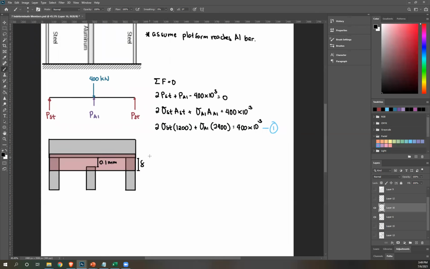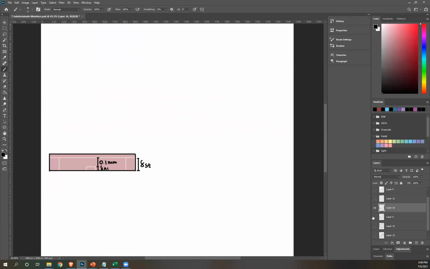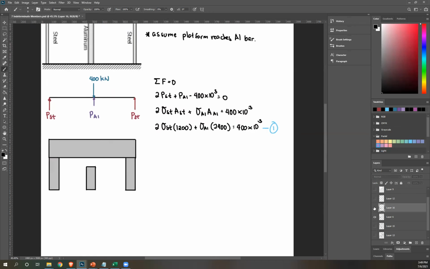Okay, so sigma ST. And then this tiny thing, if ever, is how much your aluminum bar contracts. Then can you see? That's the final position of your platform. Initial position of platform goes down here, and then everything compresses.